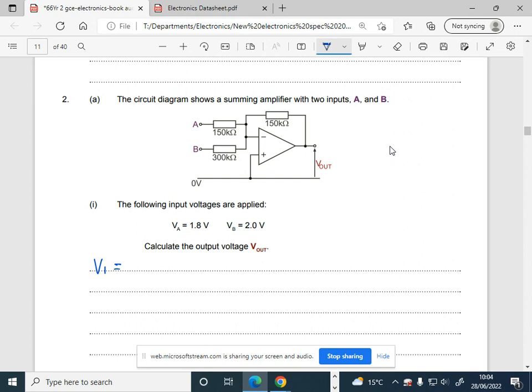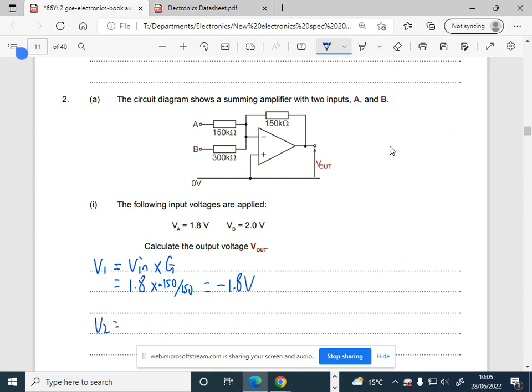It is going to equal V in times gain, I'll write the whole thing just so you can see where it comes from. So V in would be 1.8 volts, because that's what VA is, multiplied by the gain, which is obviously 150 over 150. I'll write it out if you want. But we know that that's obviously going to be 1. It is negative, strictly speaking.